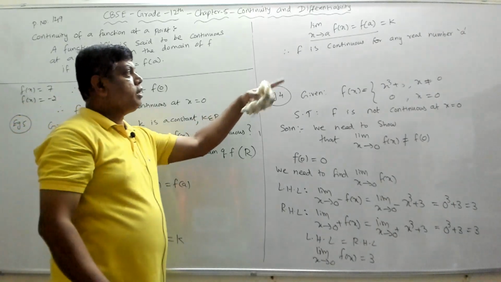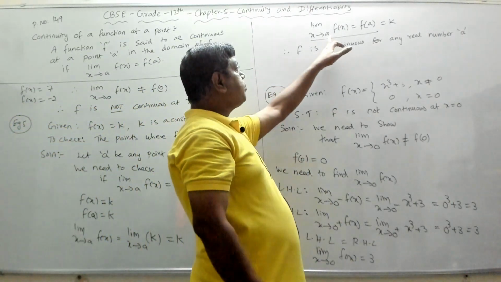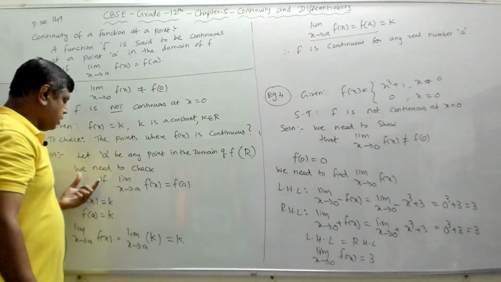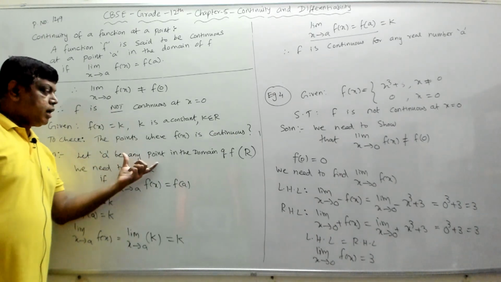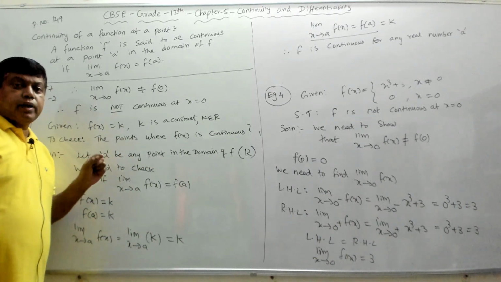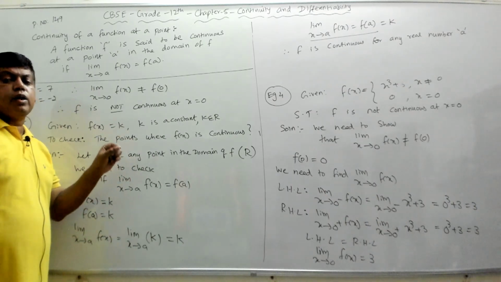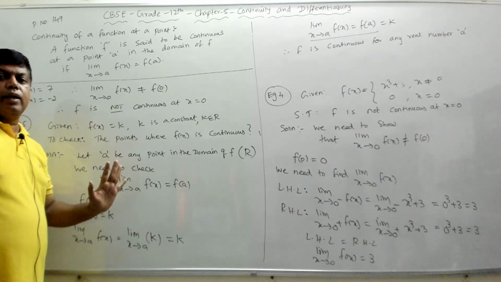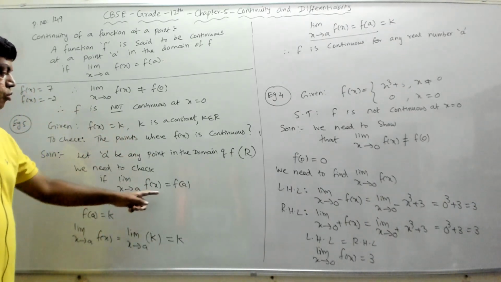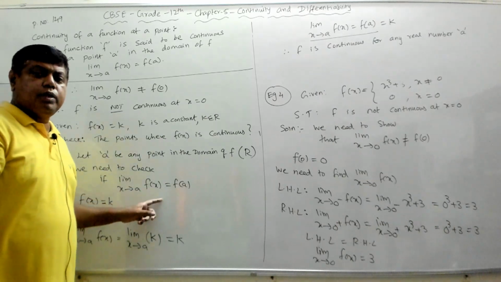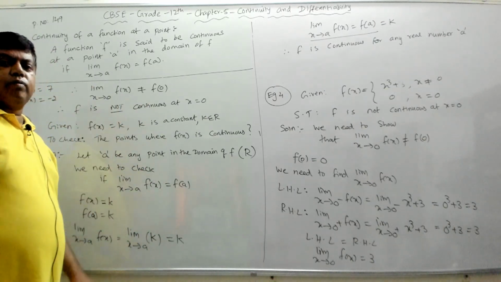Here we did not take a particular value of a. We took a general value. We did not say a equal to 1 or a equal to 2. We kept a as a. For any real number, this is true, which means f is continuous at every real number.